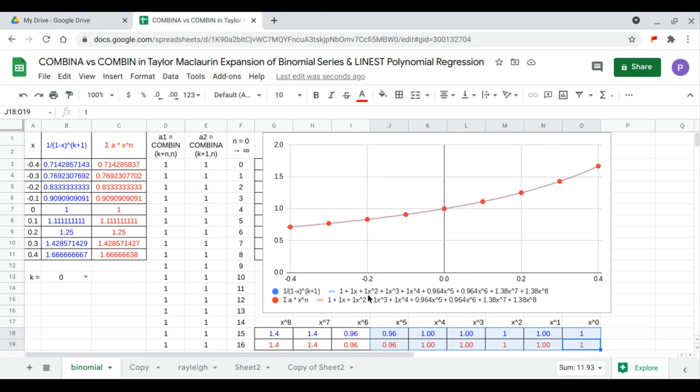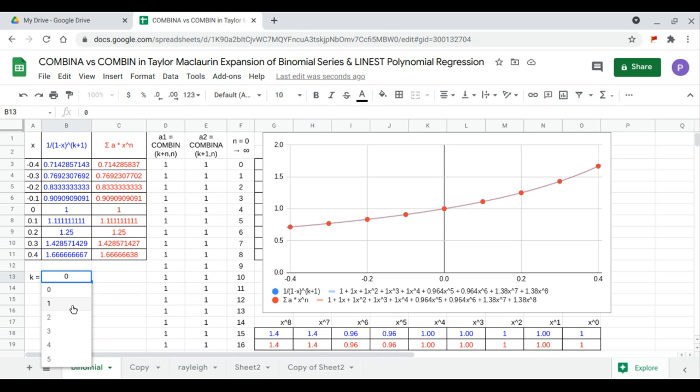This is 1, 1, and for x squared also 1, x cubed also 1, x to the fourth also 1, x to the fifth 0.96, x to the sixth 0.96, x to the seventh 1.48, 1.38, that is 1.4.